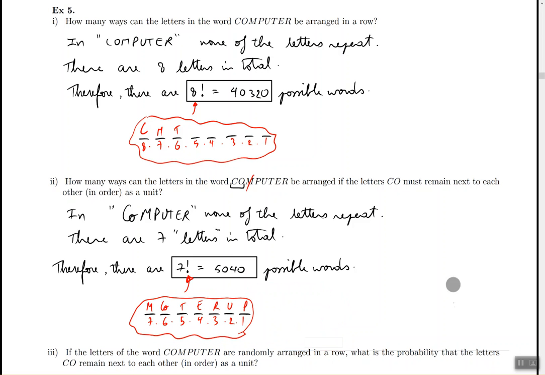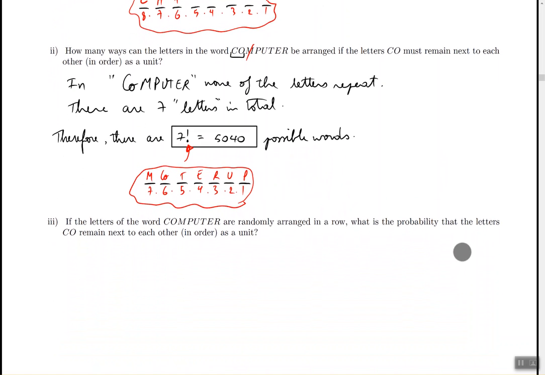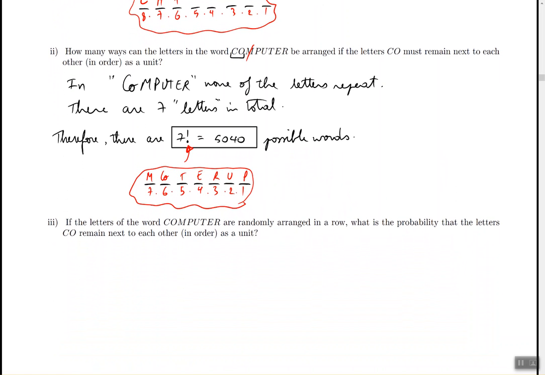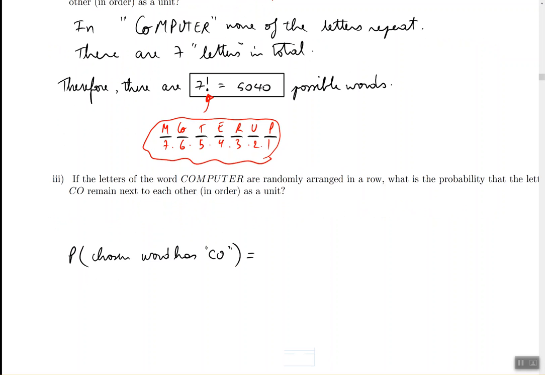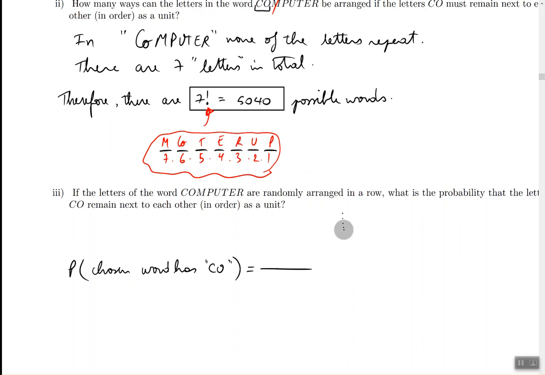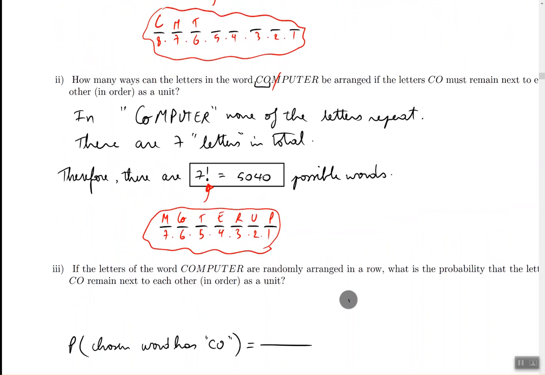The final question is, if the letters of the word computer are randomly arranged in a row, what's the probability that the letters CO remain next to each other in order as a unit? Basically, what's the probability that a chosen word has CO together? The total is how many possible words there are in this universe, regardless of which letter is first.